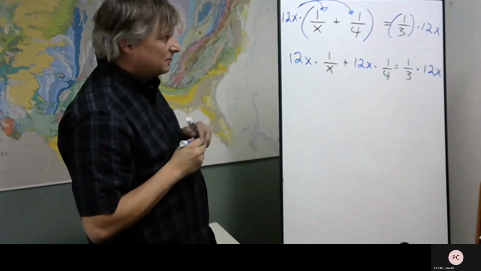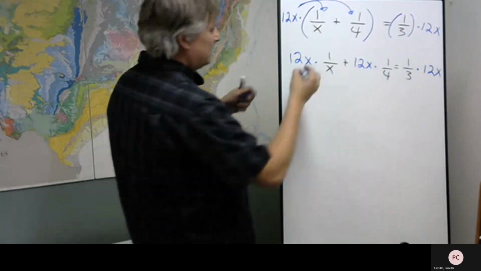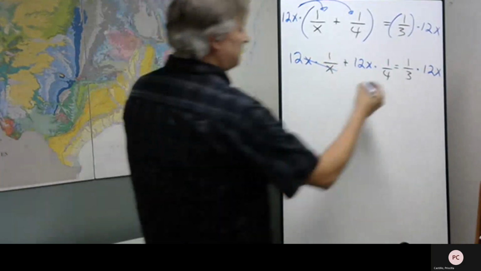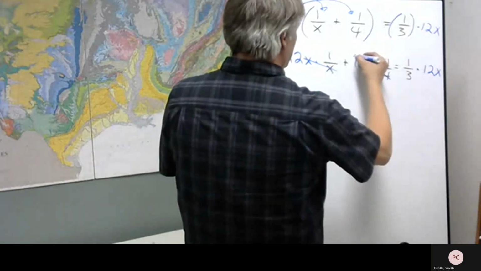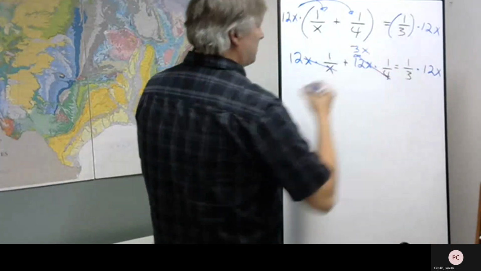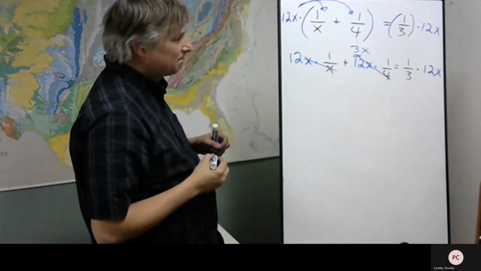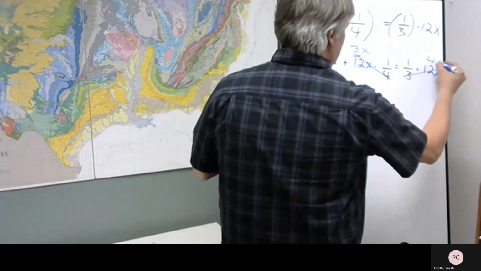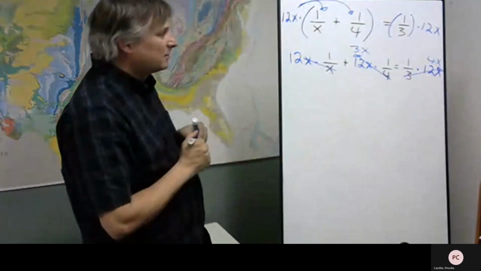Now, looking at cancellations, the x's here are going to cancel out. Now, 4 goes into 12x 3x times. 3 goes into 12x 4x times.